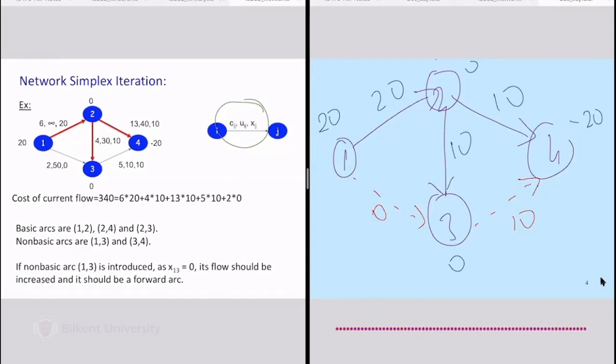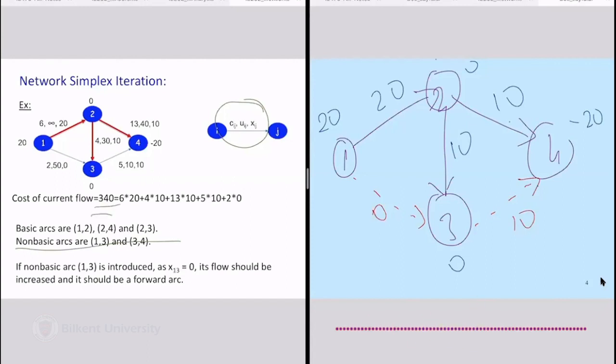Is it feasible? Let's check the bounds. The bound on arc 1, 2 is infinity, fine. The one on 2, 4 is 40. I'm sending 10, fine. 2, 3, upper bound is 30. I'm sending 10, fine. So this is a BFS. It already says so, but okay, this is a BFS.